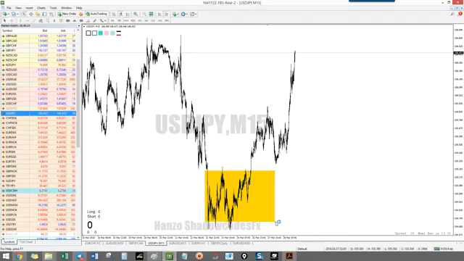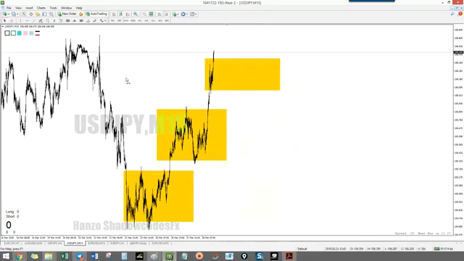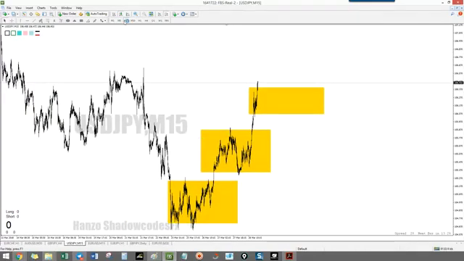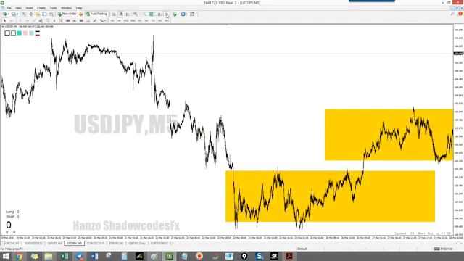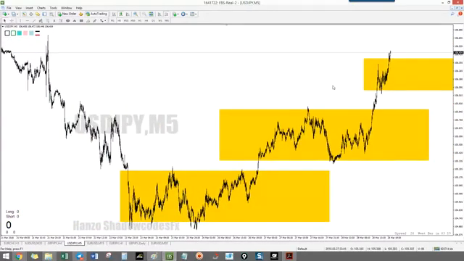But it does not look really good actually. M5, can we see it clearer? Okay, sure. You can have a fakeout there. Over here, you have a fakeout.